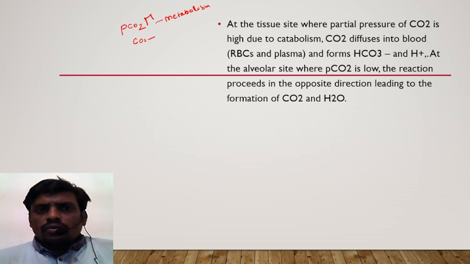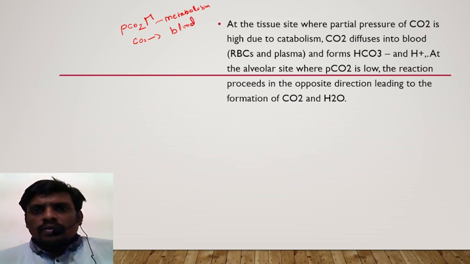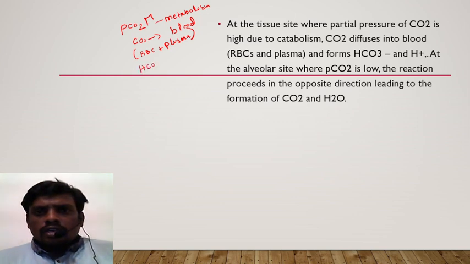Thus CO2 diffuses into the blood, into the RBC as well as the plasma, and forms HCO3 minus and H plus ions.